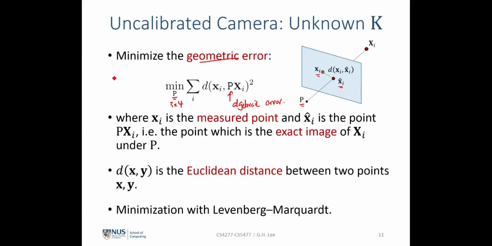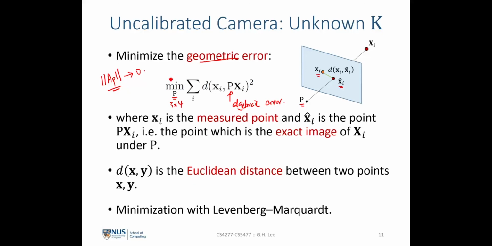Whereas in the algebraic case, by simply minimizing this norm, there's no physical meaning behind this except that we are just trying to mathematically force this norm to be close to zero as much as possible, but we are not physically minimizing anything as in the reprojection error that we are seeing here.